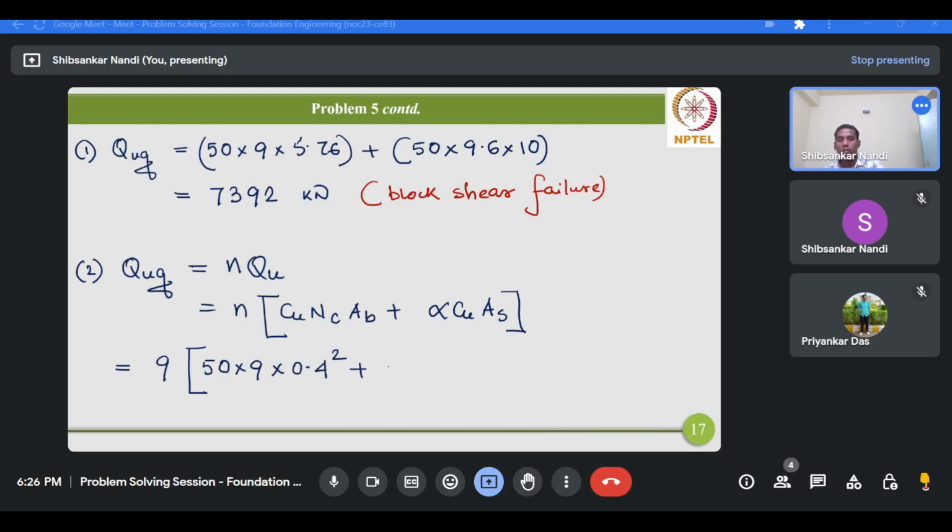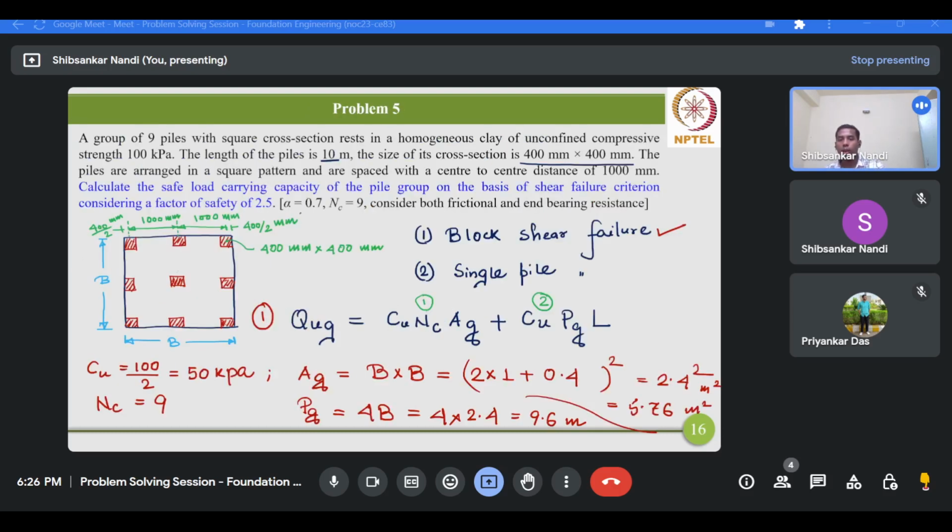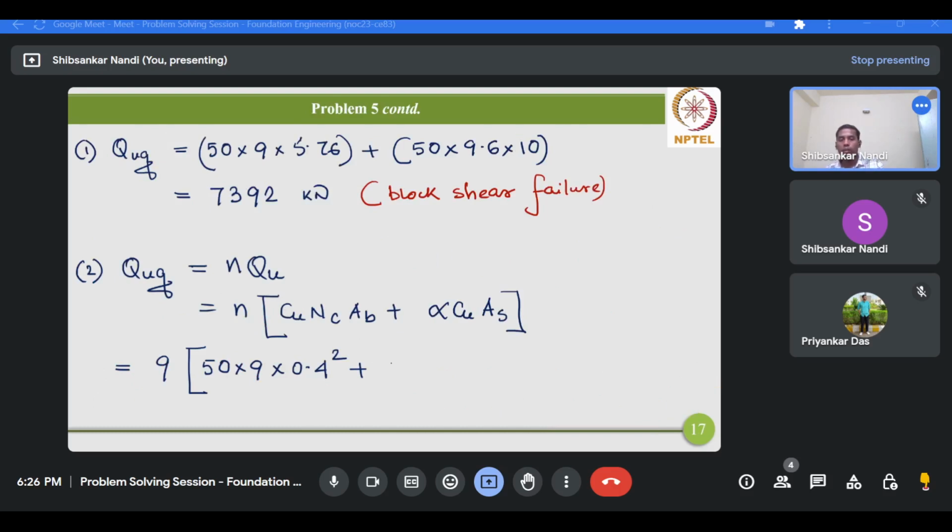Plus, what is the adhesion factor? The adhesion factor is given as 0.7 times 50 times As. As means the surface area of the individual pile, which is pi d l for a circular pile. Since for this problem we have a square pile, it will be 4bl. So 4b will give you the perimeter. If you multiply the length of the pile with the perimeter, that will give you the surface area of the pile.